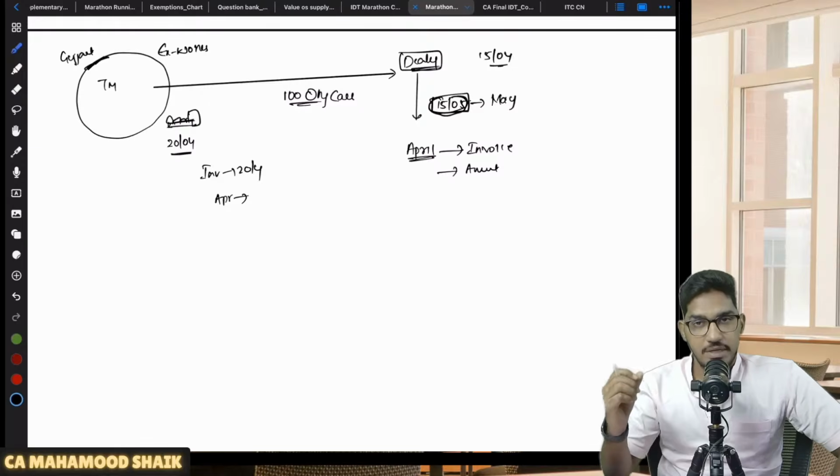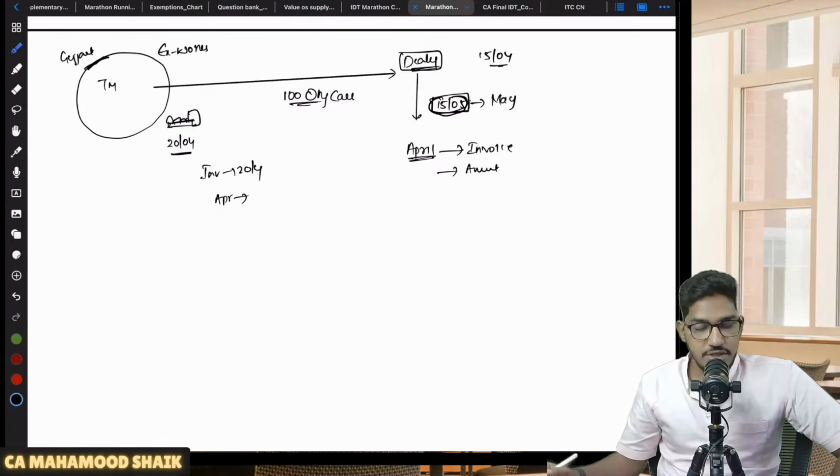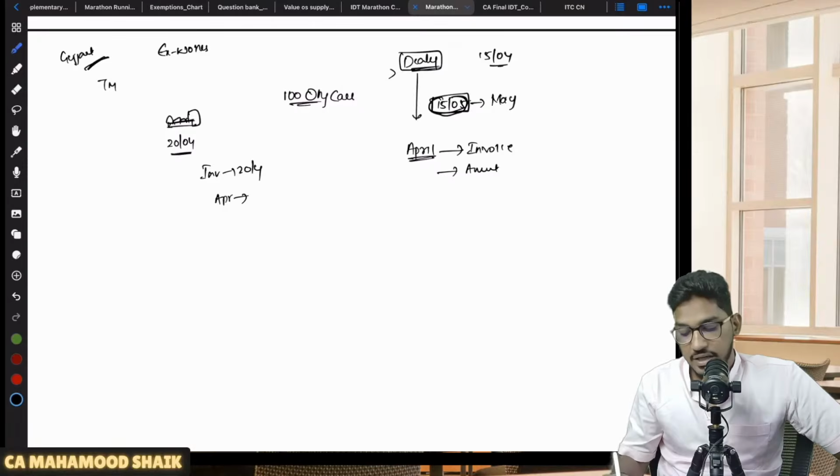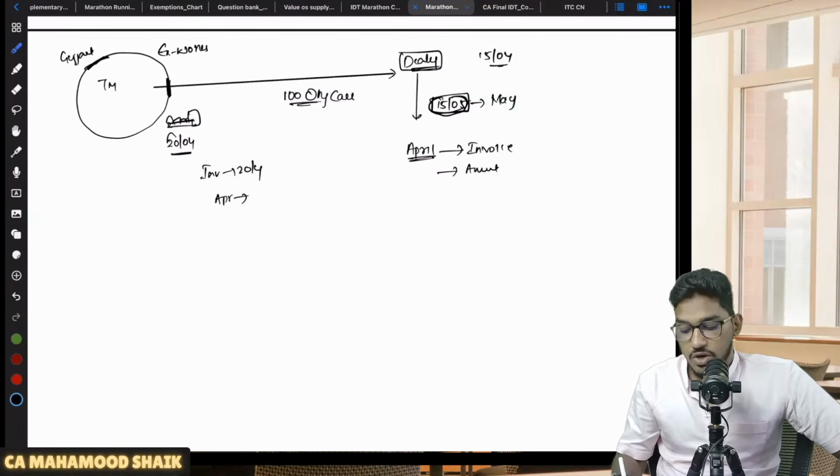But here the department has given one clarification. What clarification have they told us? In case of ex-works contracts, or ex-factory contracts, whenever the goods are made available at the factory gate, at that time itself they will be deemed to have been received. So on 20th of April the goods are handed over by Tata Motors at the factory gate, and from thereafter the transportation responsibility is with the dealer.